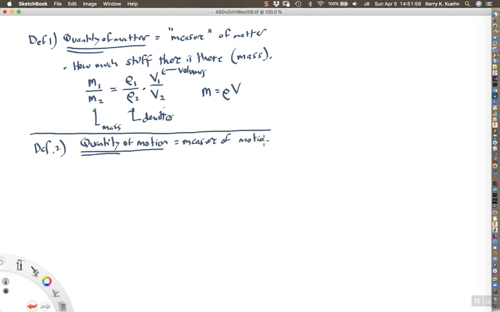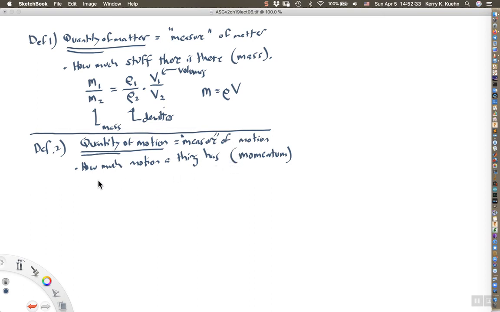How do you measure how much motion a thing has? This is what we today would call the momentum of an object. And I will probably use the modern terms, but it's good to keep in mind that he's referring to it as quantity of motion, or sometimes just as motion. By that, he means the momentum of an object.